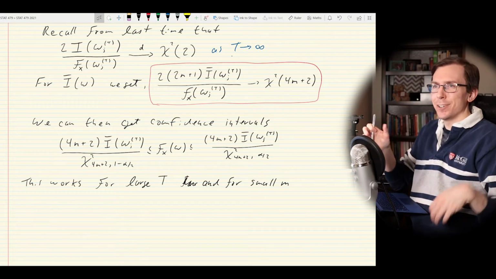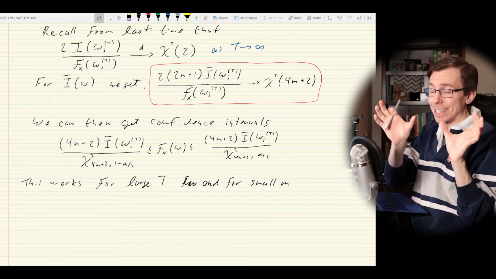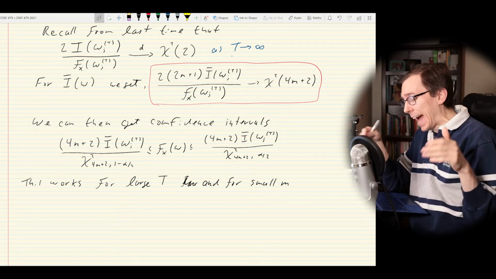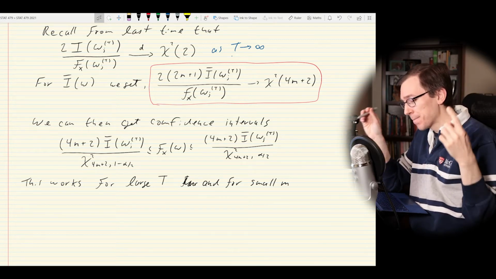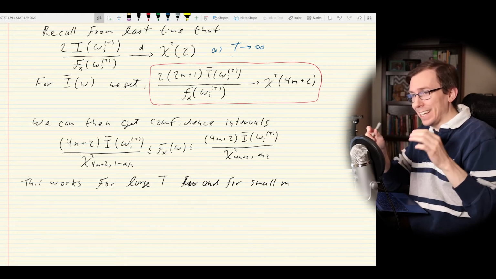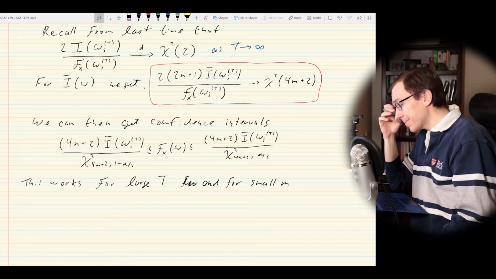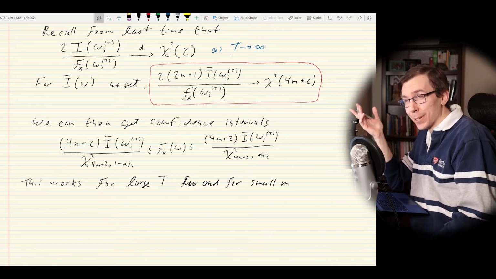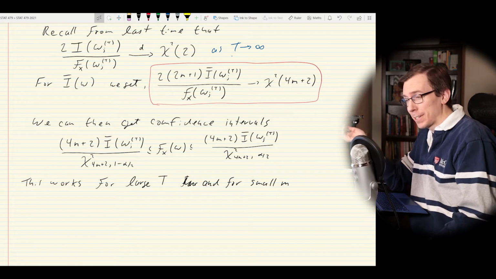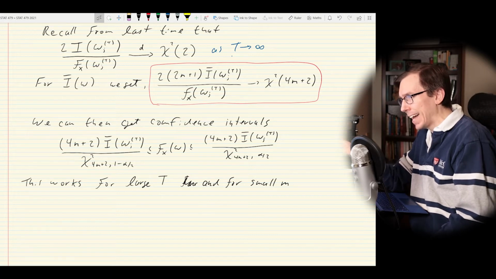Bartlett's method took the data, broke it up into disjoint pieces, and then averaged all of the estimates together. In this case, what we're doing is taking local frequencies and averaging them all together. It's kind of neat, though, because it has a similar idea: in Bartlett's method, we have fewer frequencies that we're able to estimate the periodogram at.